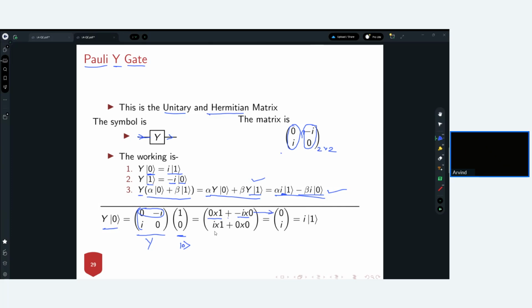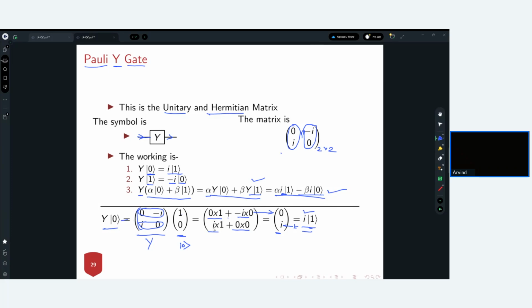And if we multiply the second row with this column vector, we will get i multiplied by 1 plus 0 multiplied by 0, which is equal to i, which is nothing but i times ket 1, because the i is present at the 1 position. So that will become the coefficient of ket 1. So this is the output when we apply the Y gate on the input ket 0.